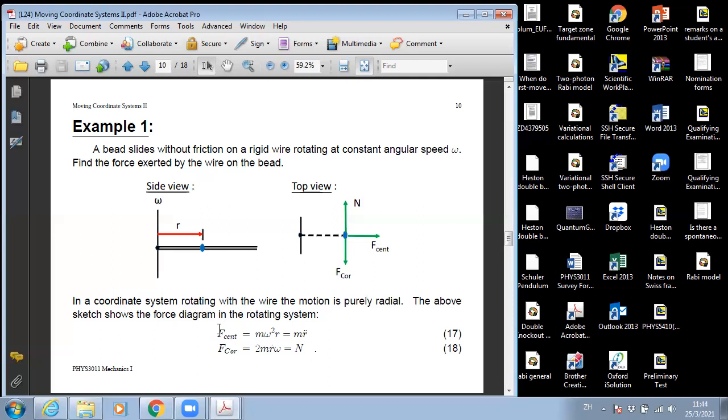Obviously, the restoring force is proportional to r, right? So basically, you will see that the equation remains the same form because the restoring force is proportional to r.